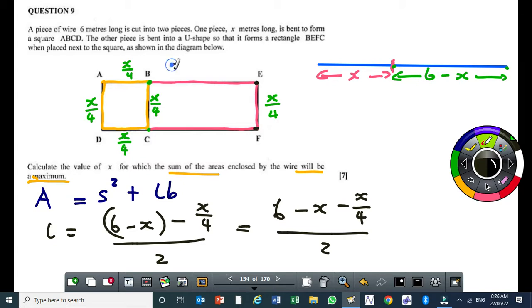So this will be 3 minus 5 over 8x. That's also 3 minus 5 over 8x. So now we can easily calculate the area of the full shape. That is the sum of the square and the rectangle. So let's do that.